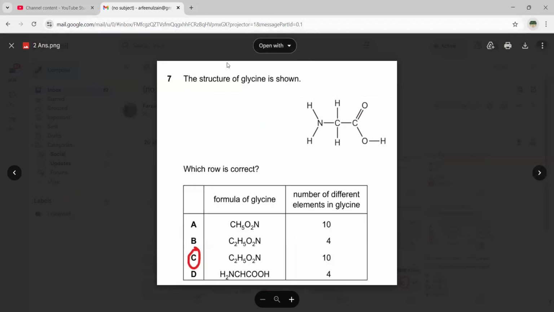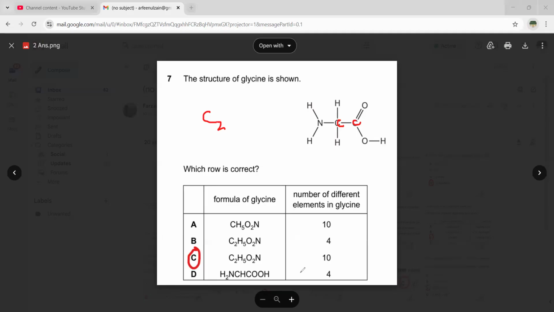The structure of glycine is shown. Which row is correct? Formula. What is the formula? You count the number of carbon and hydrogen atoms. How many carbon atoms are there? 1 and 2, two carbon atoms. So we write C2.